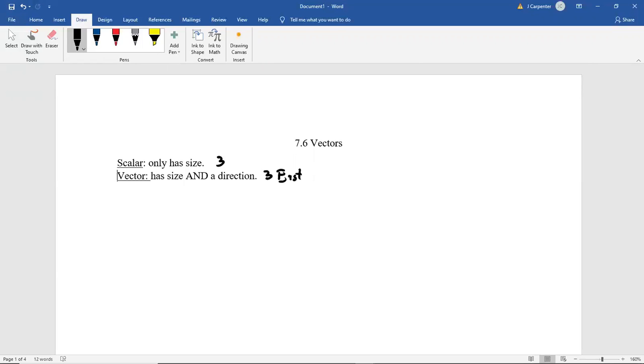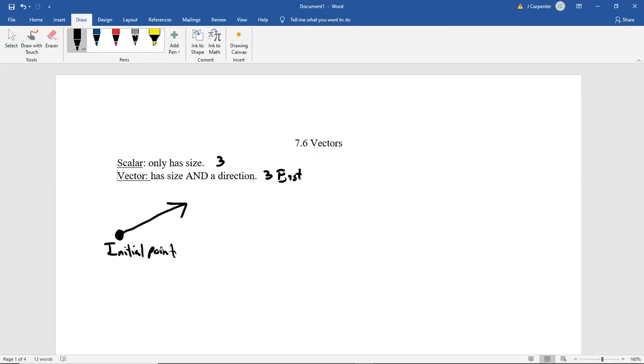So these vectors, we draw them as arrows. We tend to draw them as something that looks like this, where we call the dot the initial point, where it starts, and then the arrow is pointing.